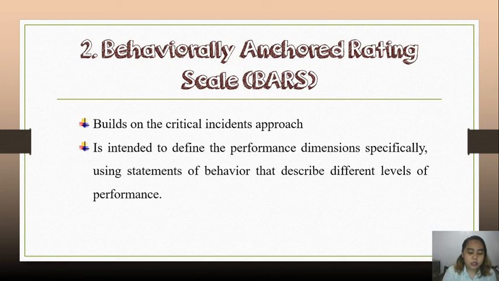So, to develop BARS, we first gather a large number of critical incidents that represent effective and ineffective performance on the job. These incidents are classified into performance dimensions, and the ones that experts clearly agree represent a particular level of performance are used as behavioral examples to guide the rater.